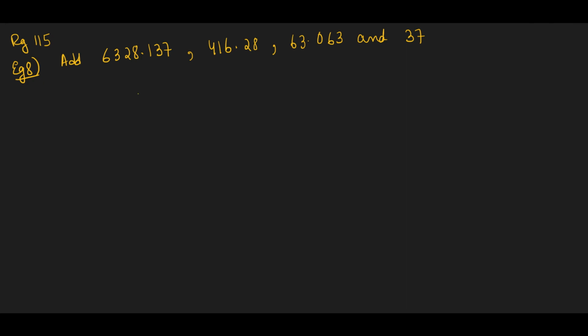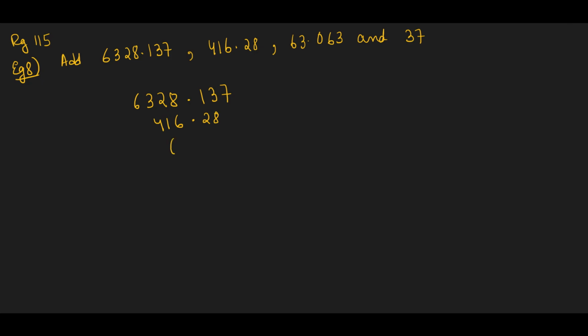So starting with 6328.137. Now here we have 416.28. You will not write 4 below 6, you will write 4 below 3, because you want the decimal point of the numeral above and the numeral below to be in the vertical line.